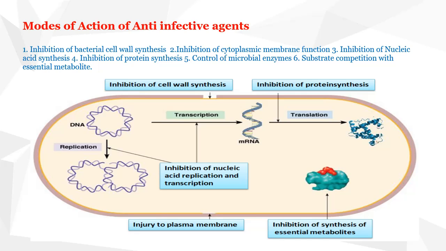The next class is inhibition of protein synthesis. Synthesis of bacterial protein occurs on the ribosomes by interaction of transfer RNA, messenger RNA, ribosomal RNA, and so on.